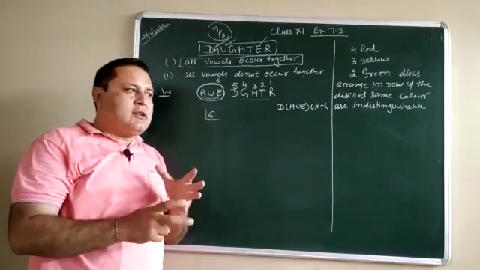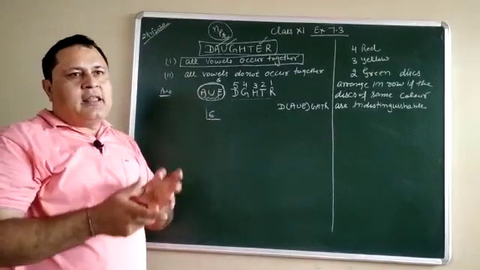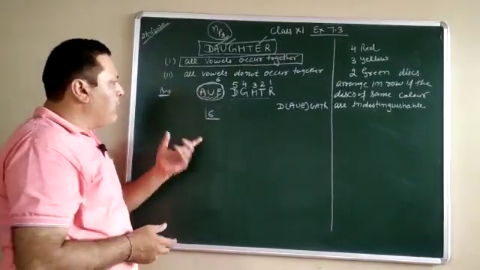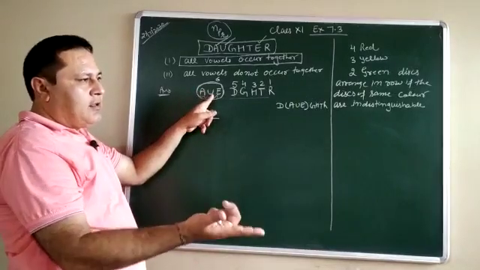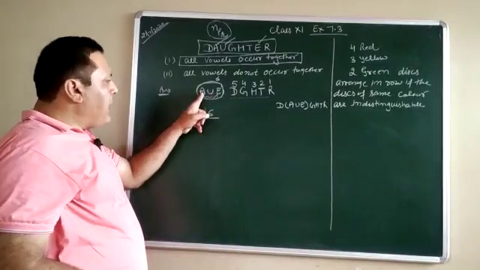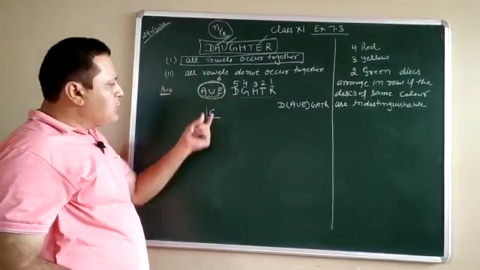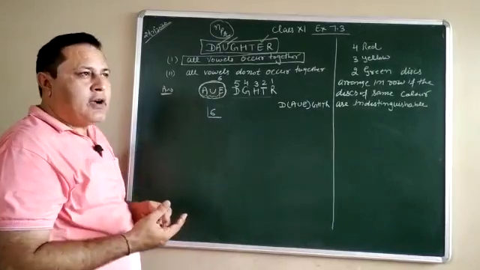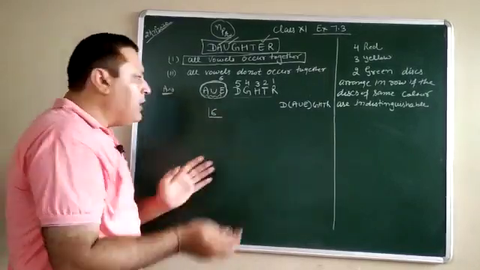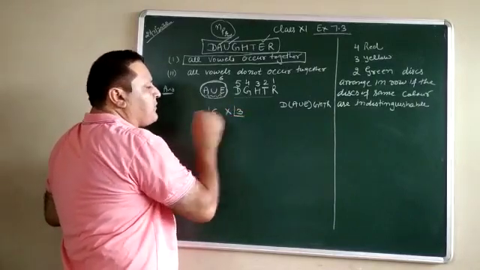So they can arrange themselves in 3 factorial ways, because maybe U is at the first position, E at the second and A at the third. Maybe A is first, E second, U third. So these 3 can be arranged among themselves in 3 factorial ways, because they are in one box.